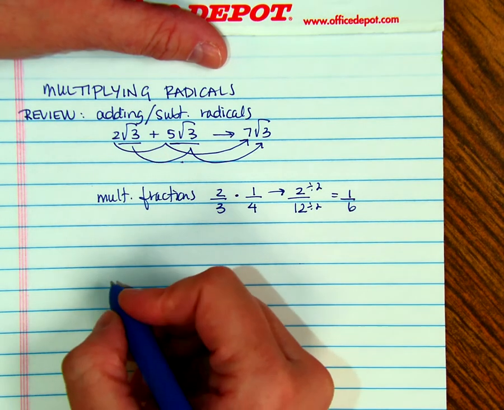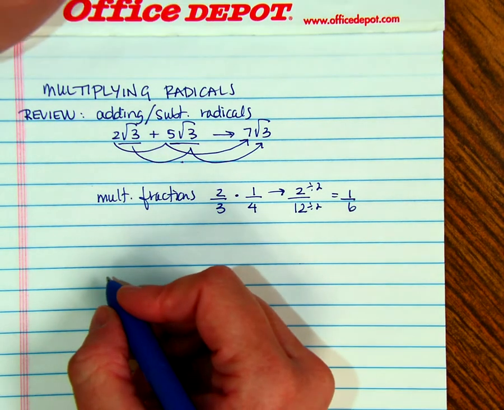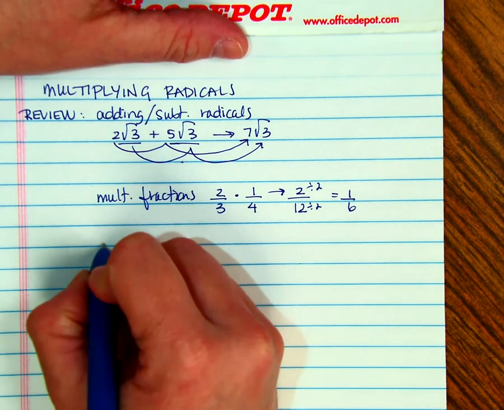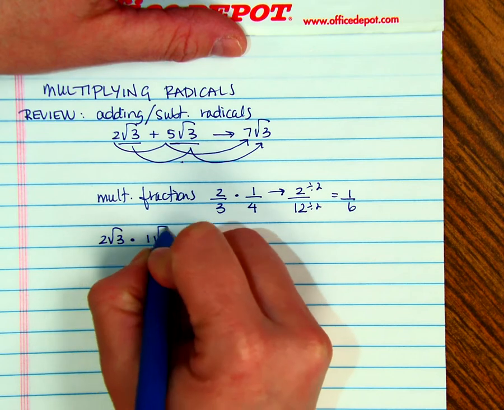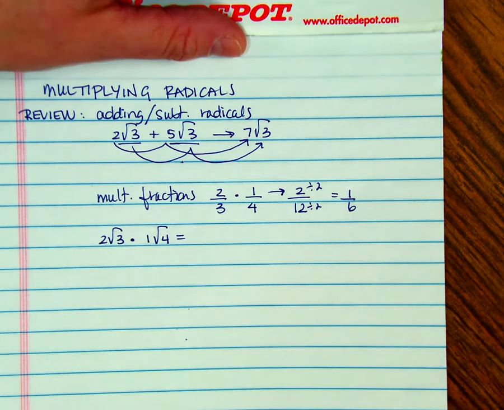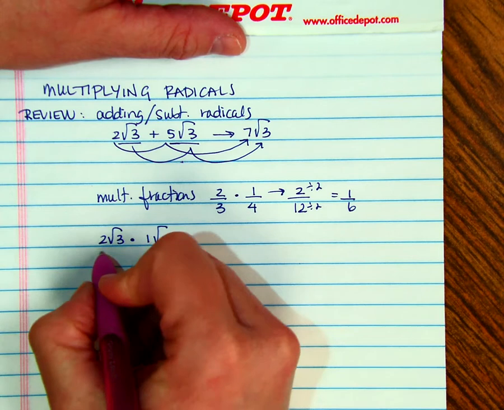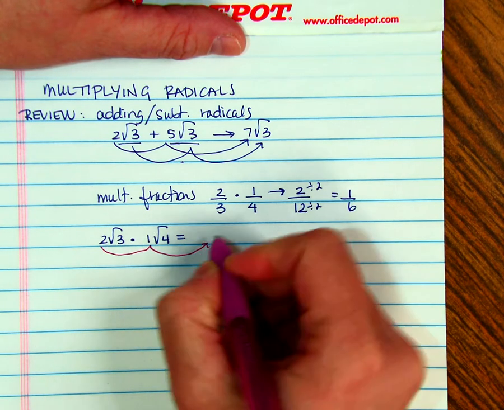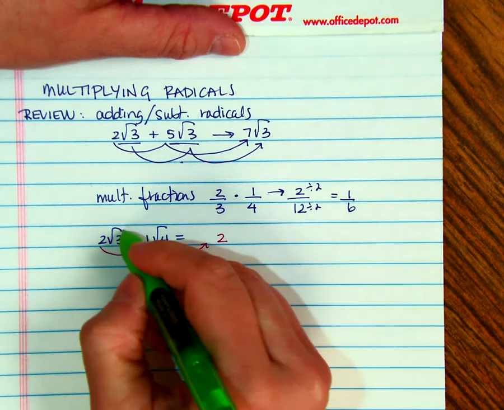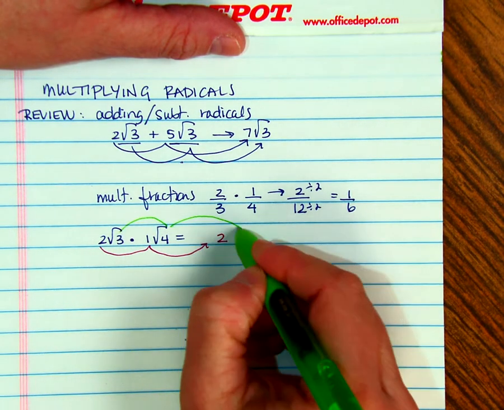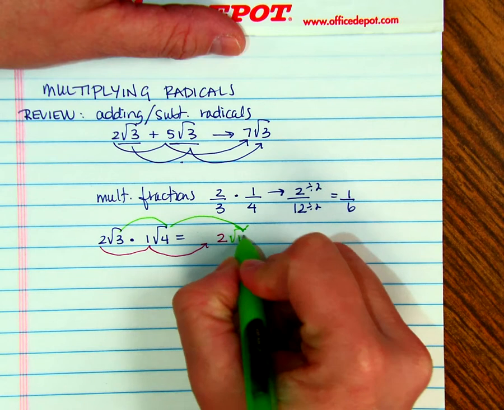Same thing with multiplying radicals. So if we have 2 radical 3 times 1 radical 4, we can multiply the numbers outside and get a new number outside, and multiply the numbers under and get a new number under.